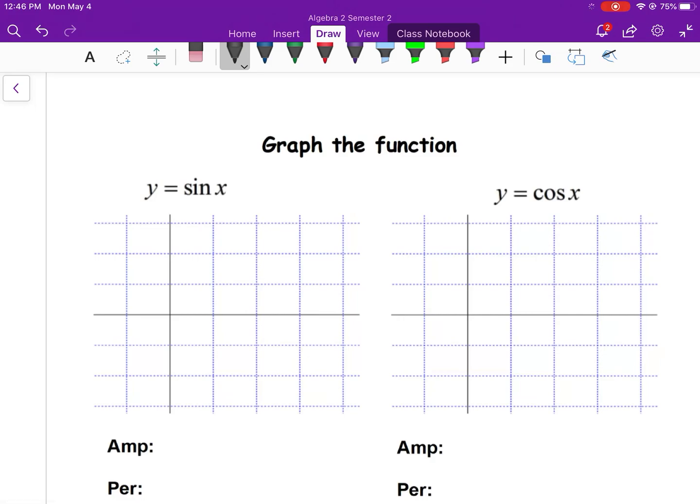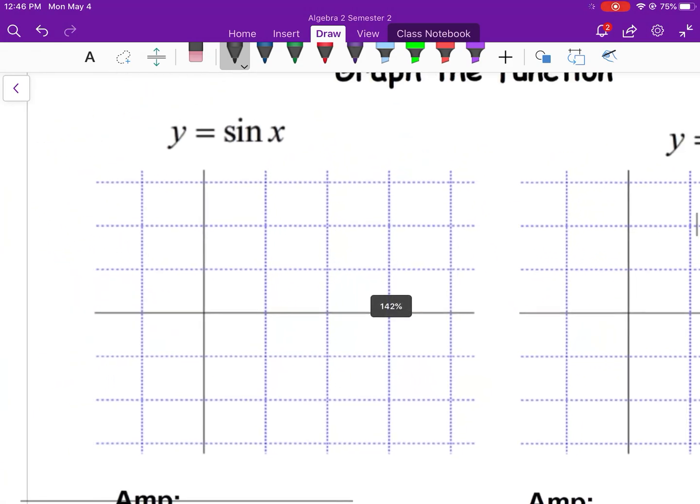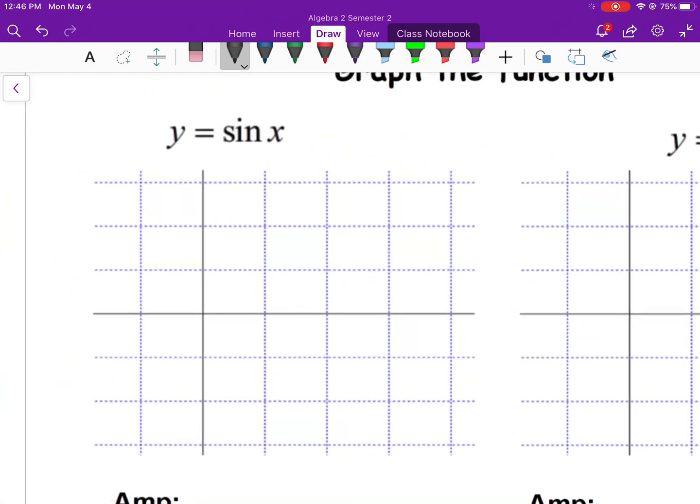So graphing the function then. Again, the a value, which is in front of the sine or cosine, is going to be your amplitude. If it's not there, we imply that it's 1. So for this graph here, it's going to rotate between 1 and -1.